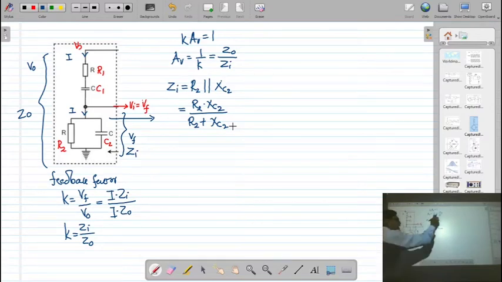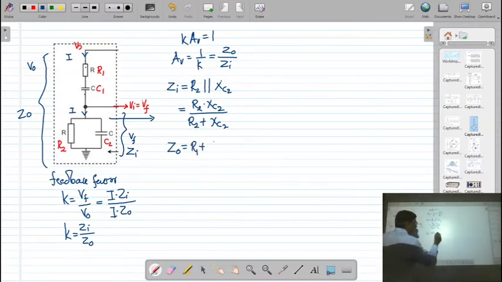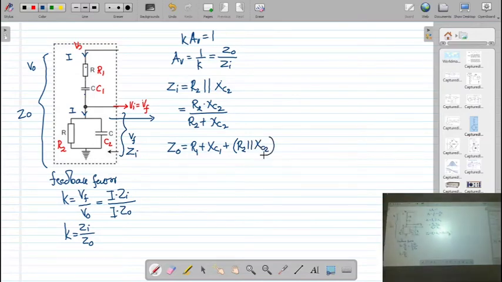Now let us see what the output impedance is. Initially you can see that the resistance R1 and C1 are in series, so we write R1 plus Xc1, and this series combination is in series with the parallel combination of R2 and C2, which gives R2 Xc2 divided by R2 plus Xc2.